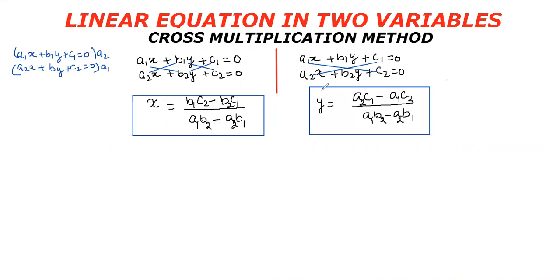You will get the formula for y, and when you substitute the value, you will get the formula for x. You are getting it only by the elimination method, but if we observe the pattern, we will see the formation of cross. That's why this formula is known as cross multiplication.